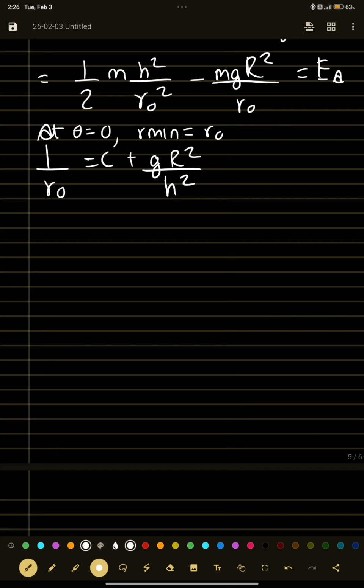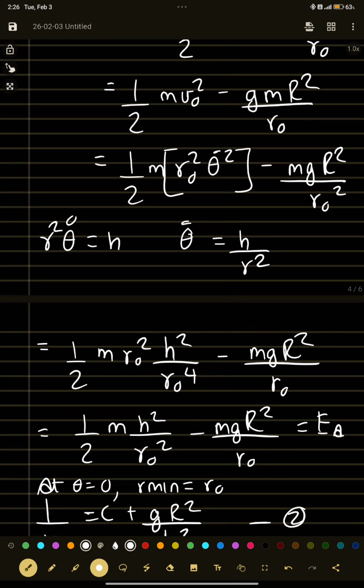So I will replace 1 by R naught by this expression. Okay. What I will do, I replace this. So let's say this is 2 and let this be 1. So you substitute.